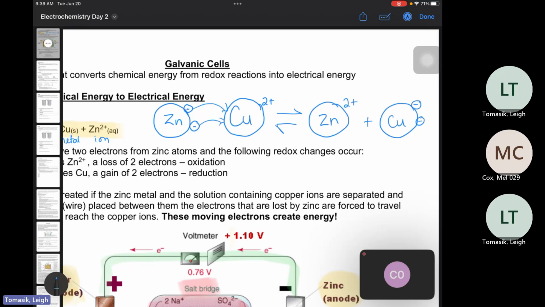So whenever something is an atom, it's solid, right? We think of most metals as being solid. Maybe some of you are wearing jewelry right now, and that's a solid metal.